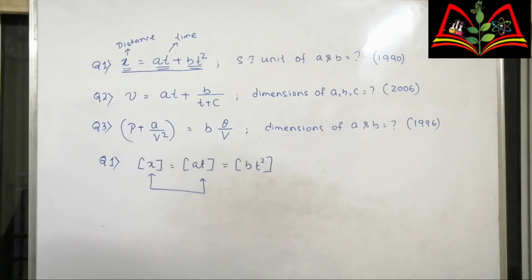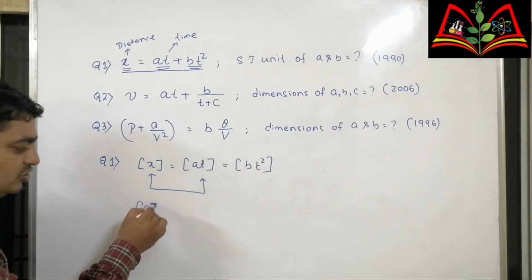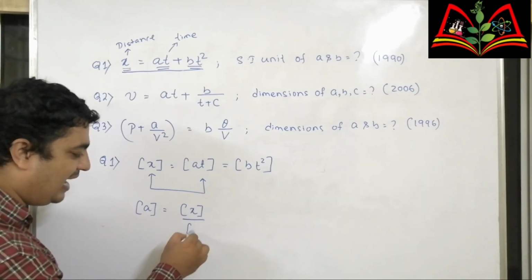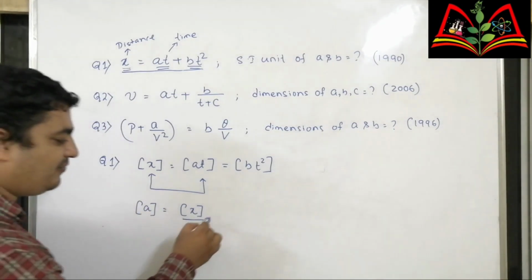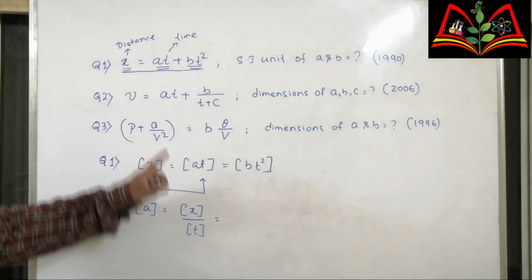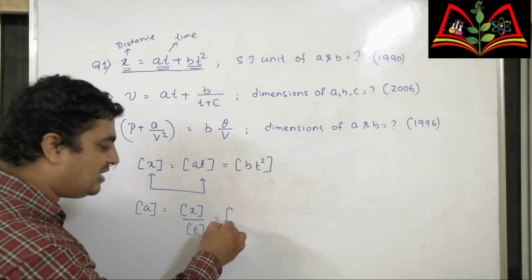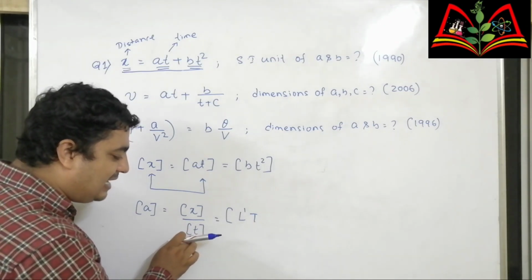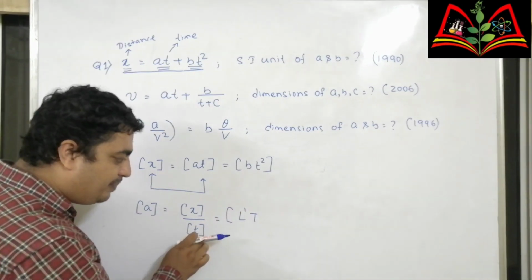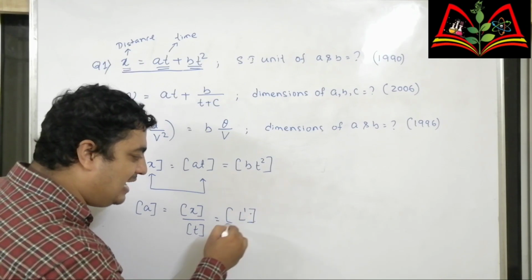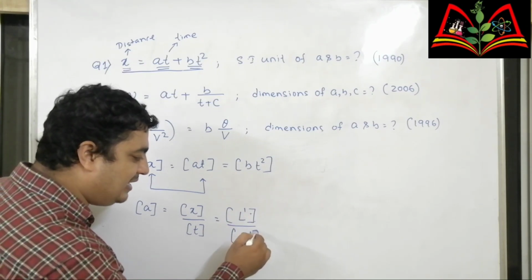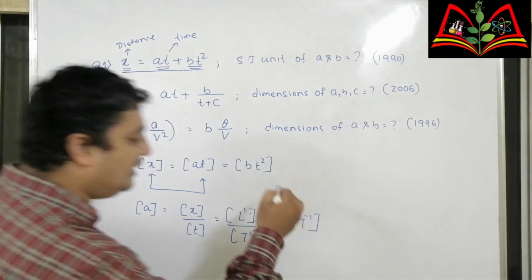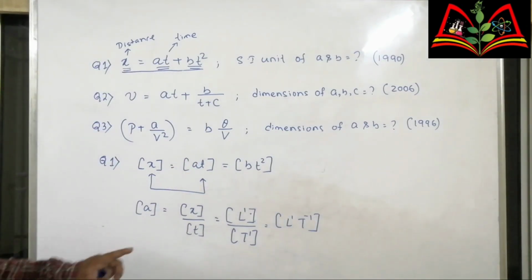Dimension of x is equal to dimension of A. So dimension of A, it is equal to dimension of x by dimension of time. Now x is distance, so it has the dimension of length, that is L to the power 1, and time, it has t to the power 1, so it becomes L to the power 1 by t to the power 1, which is equal to L to the power 1 t to the power minus 1.